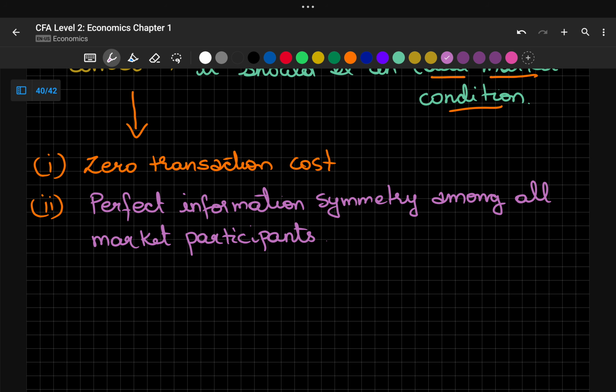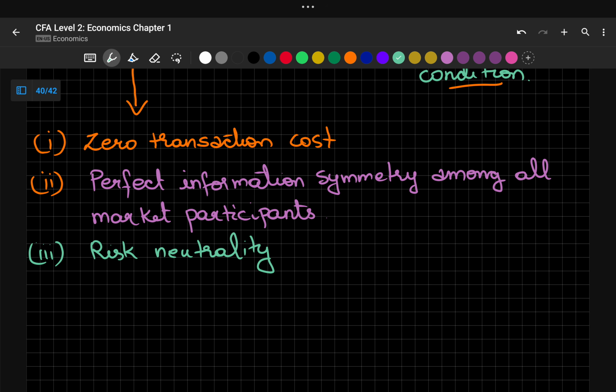And the third point is risk neutrality for investors. All the market participants are risk neutral, so they can easily make a decision based on the information they possess.